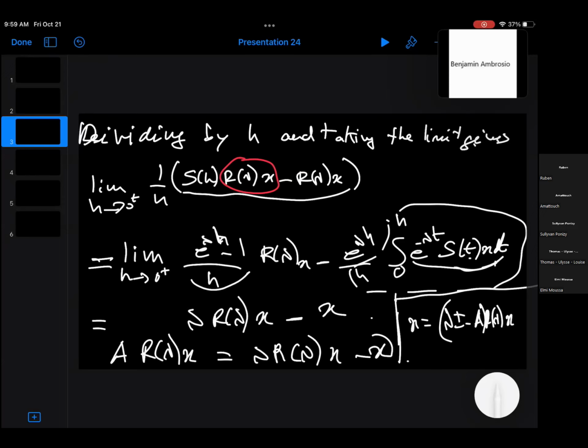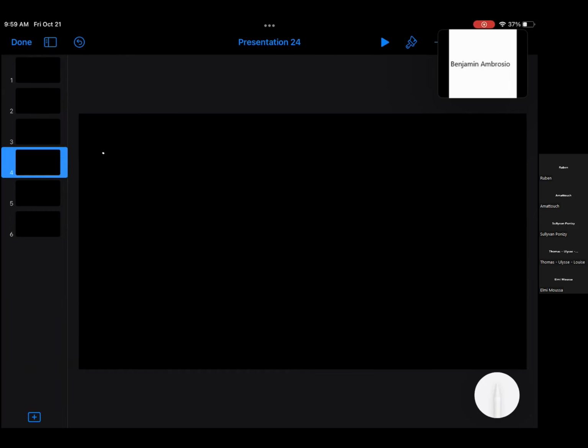So this gives that x equals lambda I minus A R lambda x, which is exactly the same thing to say that lambda I minus A times R lambda equals identity. Okay, so we proved that R lambda is the right inverse of lambda I minus A.